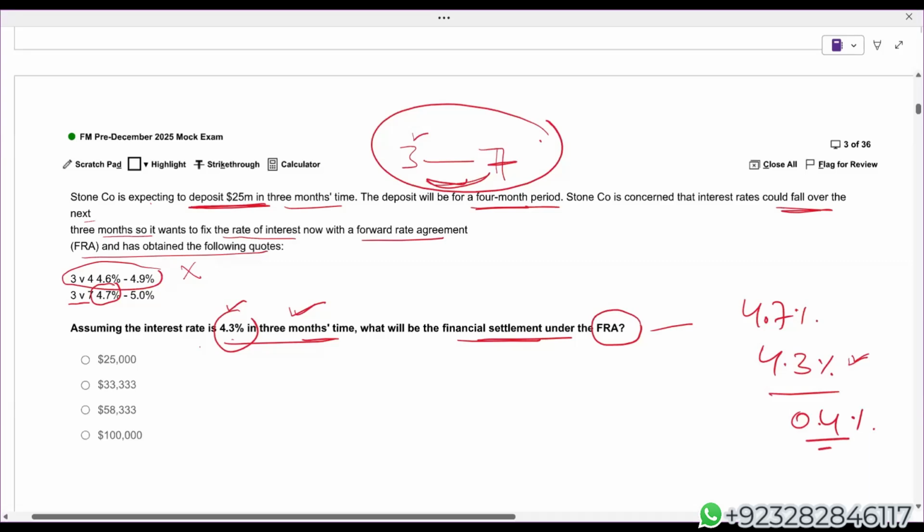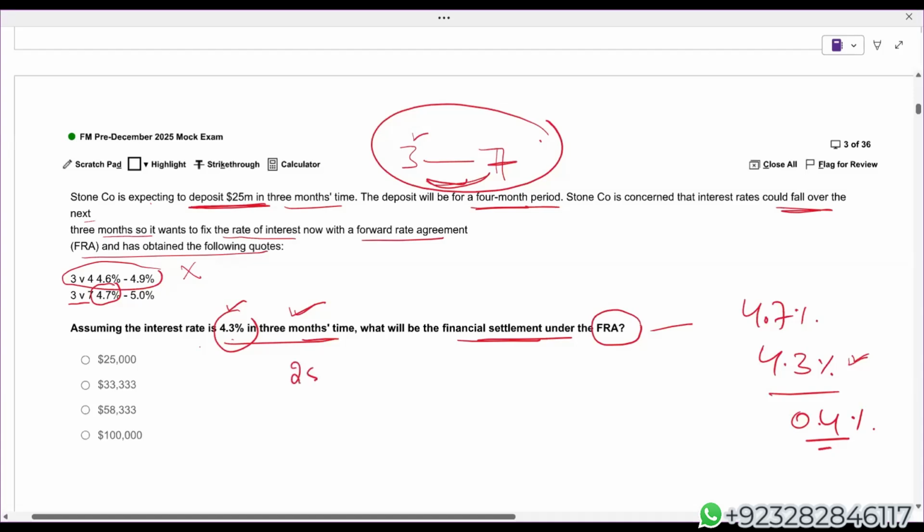Because due to FRA, deposit rate 4.7% has become fixed for Stone company. So first Stone company will get 4.3% on the basis of actual interest rate, and then due to FRA, they will be getting additional 0.4%. And we need to find out the value of this additional 0.4%.